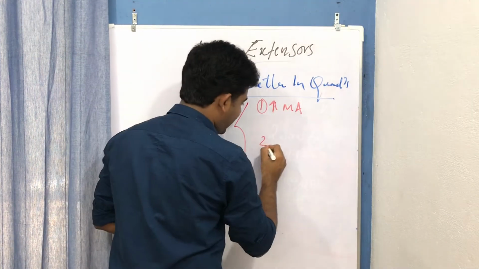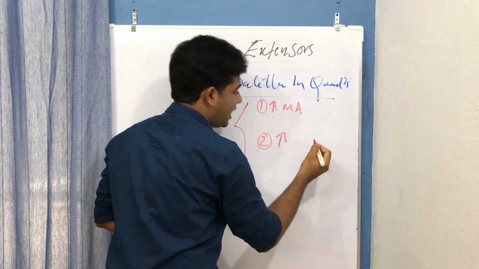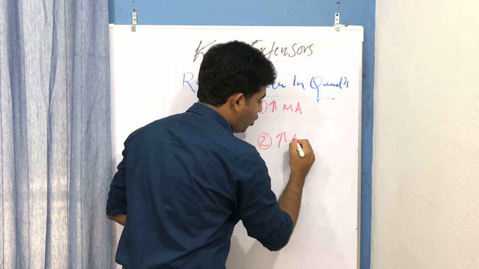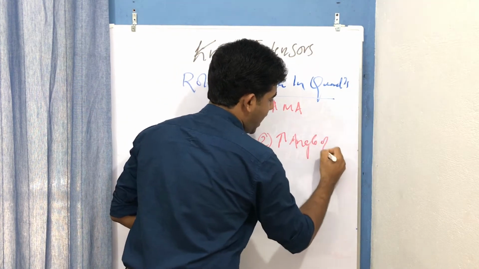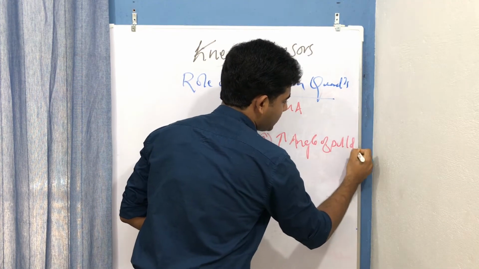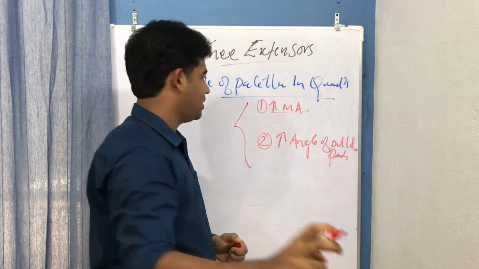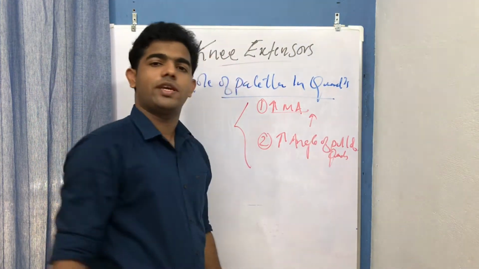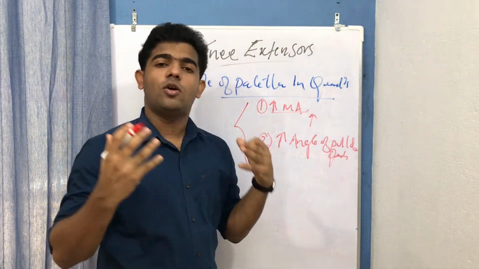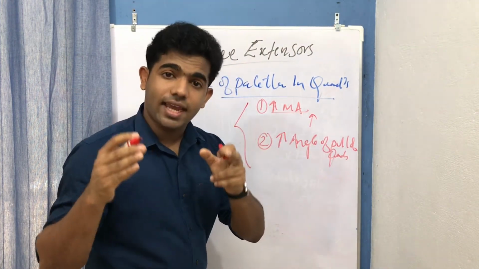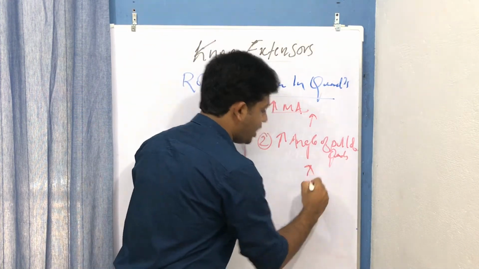And secondly, it has a great role in increasing the angle of pull of the quadriceps muscle. What happens if the moment is increased? Any guess? The efficiency of the muscle increases. What happens if the angle of pull is increased? Definitely, again, the efficiency of the muscle is going to increase.